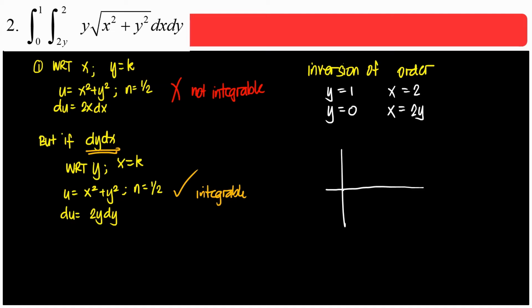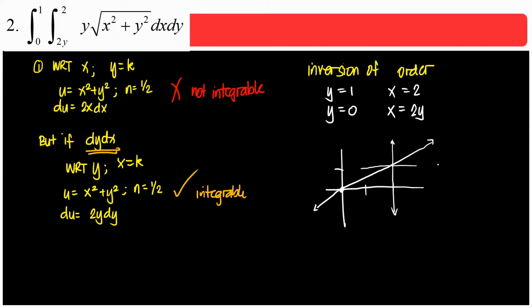So x equals 2y. So when x equals 0, y equals 0. When y equals 1, x equals 2. So that line up until x equals 2. And then y equals 0 up until y equals 1.